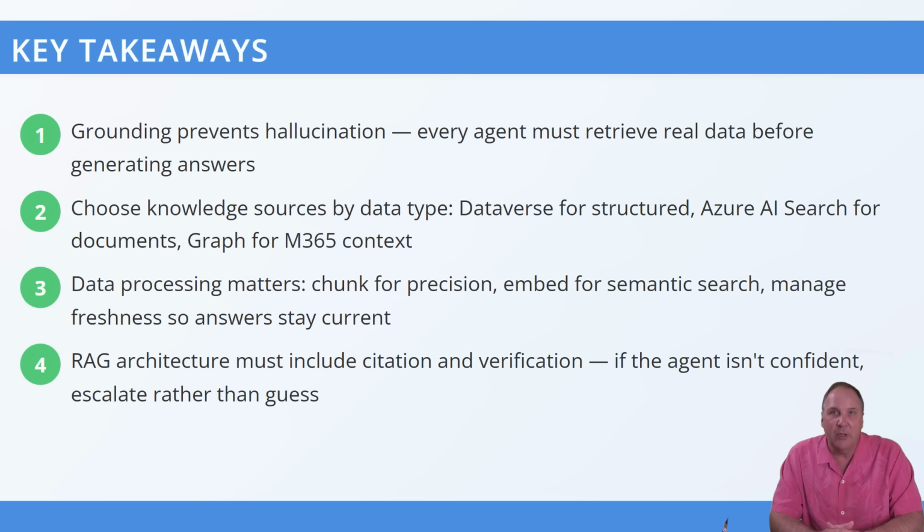In Copilot Studio, you can combine multiple knowledge types. Number 3, data processing matters. Chunk for precision, embed for semantic search, clean your data, and manage freshness so that answers stay current. Number 4, RAG architecture must include citation and verification. If the agent isn't confident, escalate rather than guess.